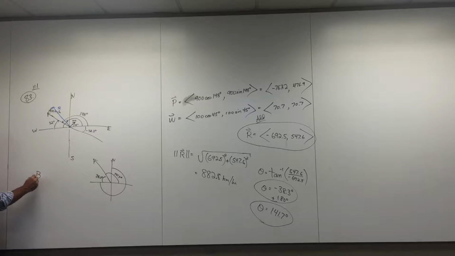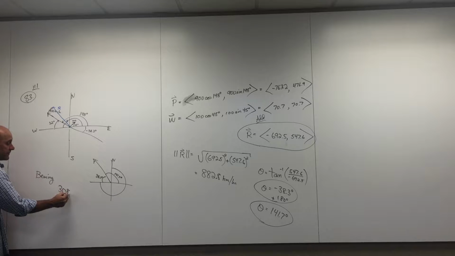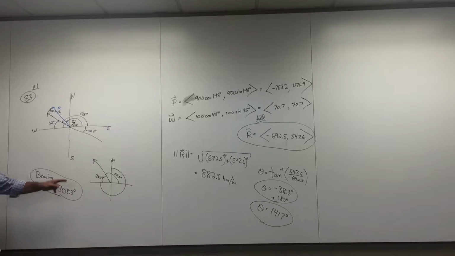So maybe my answer should be a bearing of 270 plus 38.3. Another way to talk with these bearing problems is I could say I just added this to 270 this time, just because of the language of bearing.